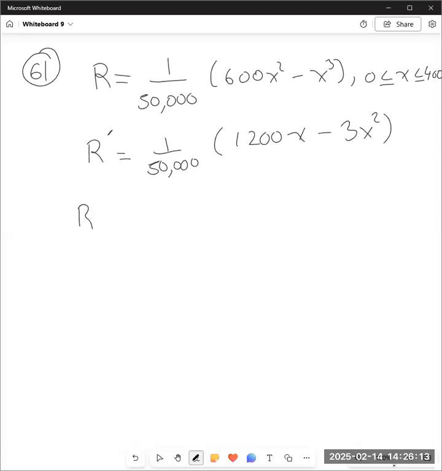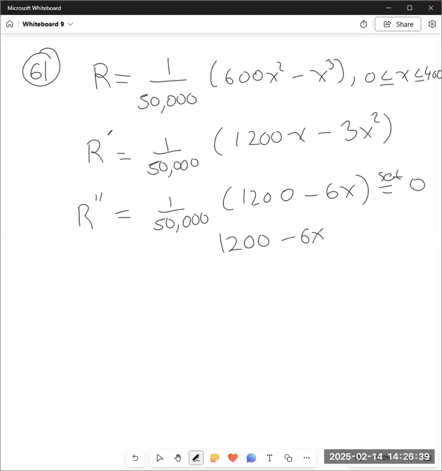And then R double prime is going to be 1 over 50,000 times (1200 minus 6x), and we're going to set that equal to 0. 1200 minus 6x equals 0, so 6x equals 1200. x equals 200, which is right there within the range of 0 to 400.